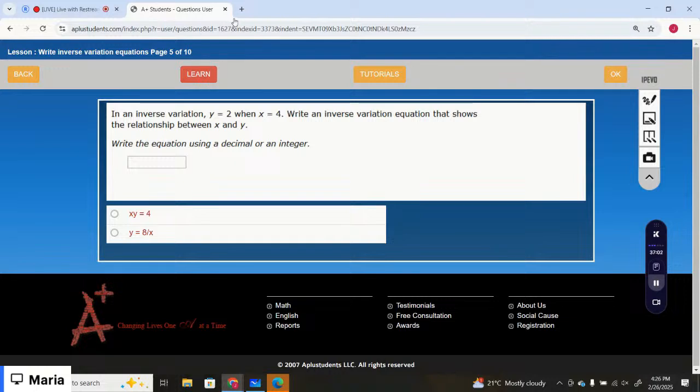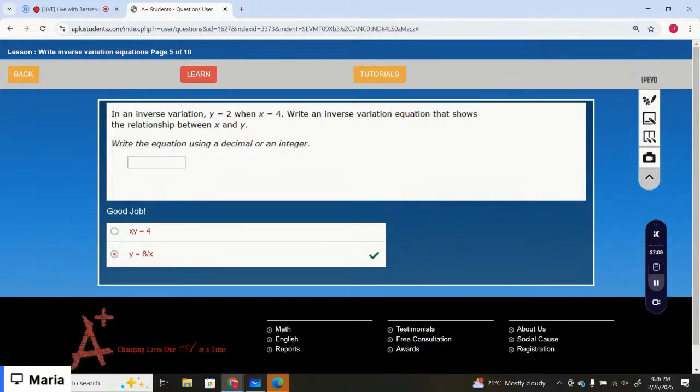The correct option is y equals 8 over x. Option number 2 is the correct option.